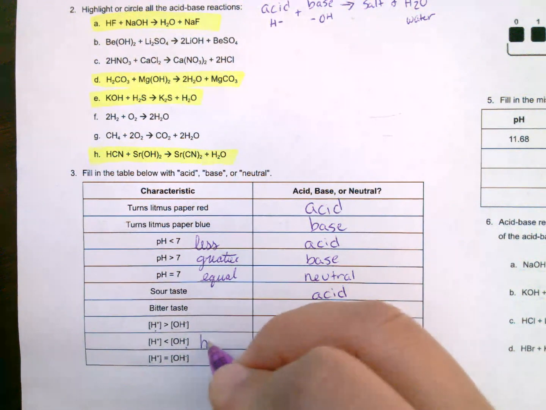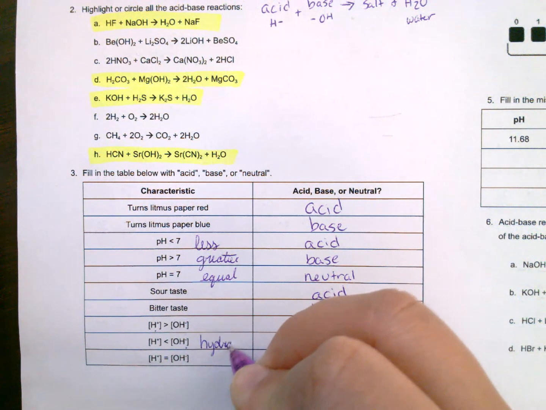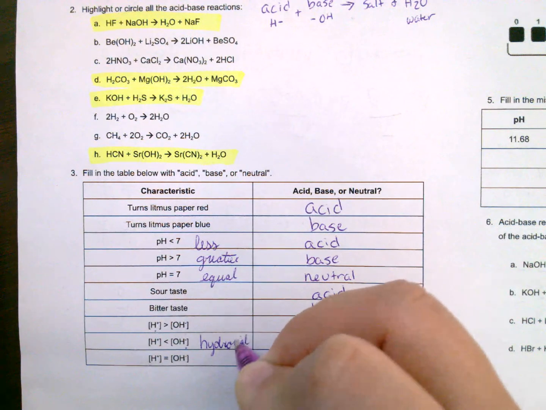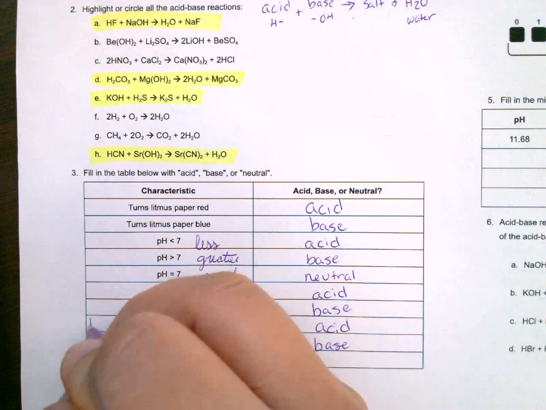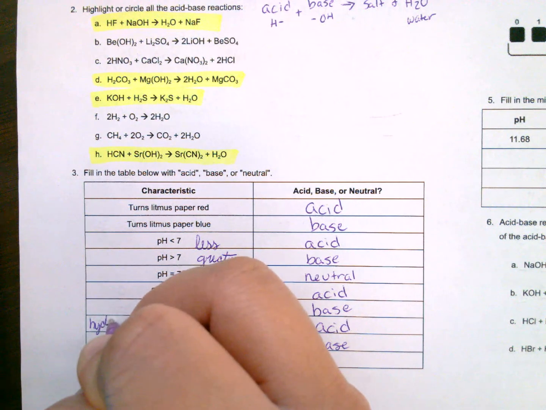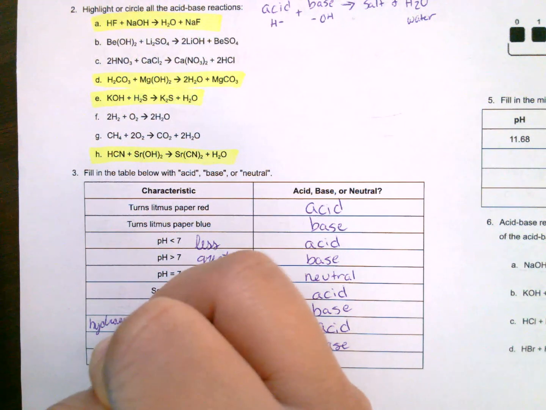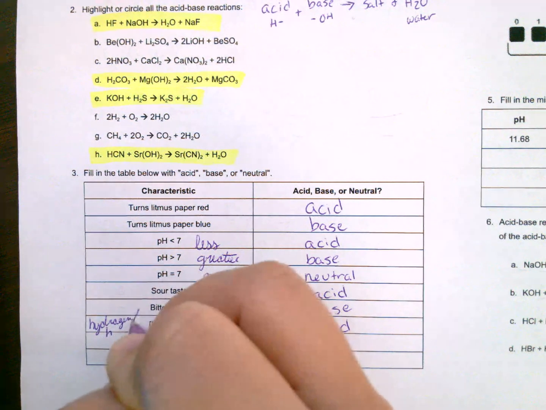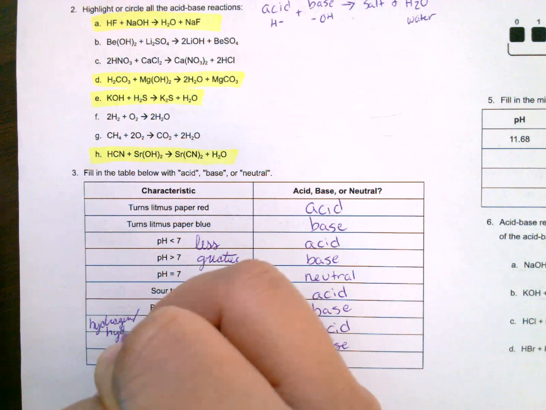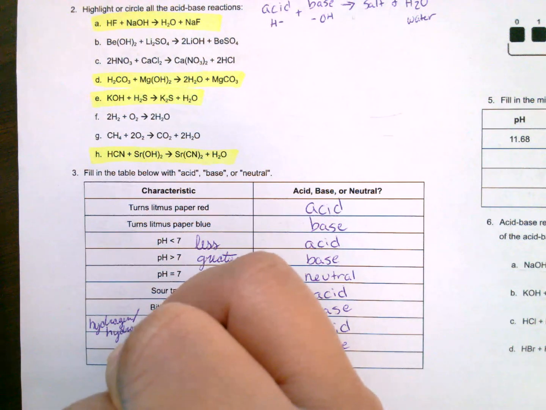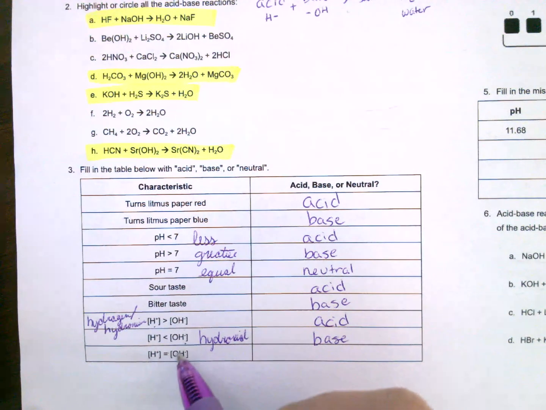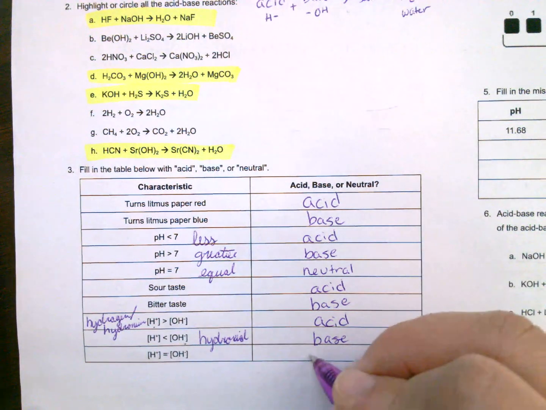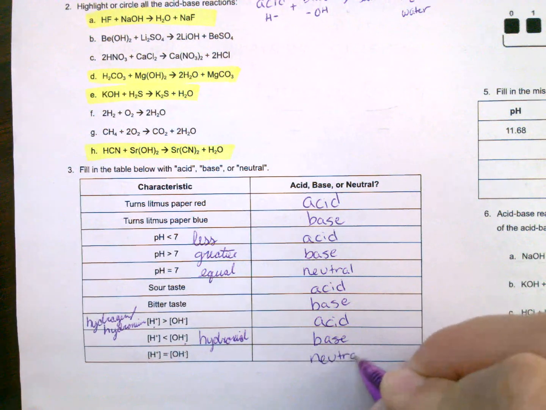And let's write those down in case we forgot. That's hydroxide. And that's hydrogen or hydronium. And then if they're equal to each other, that is neutral.